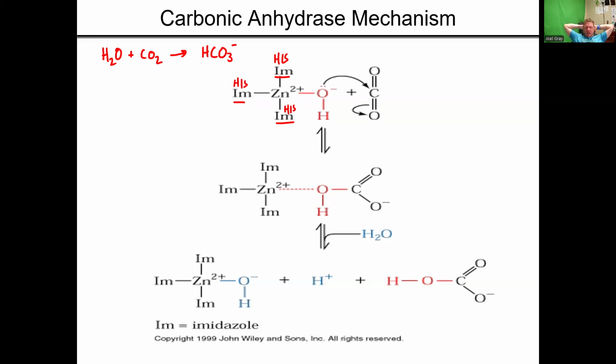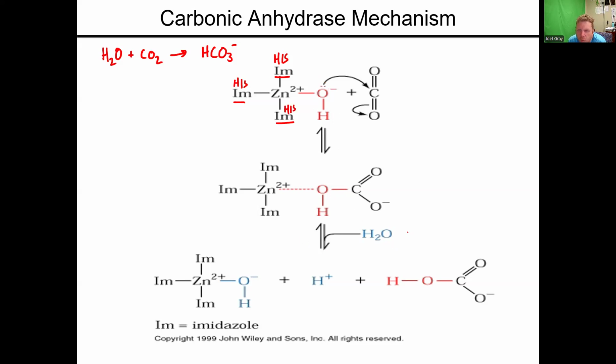So essentially what this does is it uses deprotonated histidine residues to attract the zinc ion, the Zn2 plus. What that zinc ion is going to do is bring a water molecule in, and as soon as it brings that water molecule in, what's going to be left behind is a hydroxide ion.